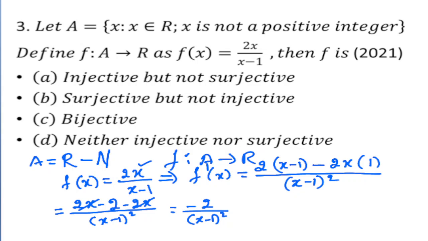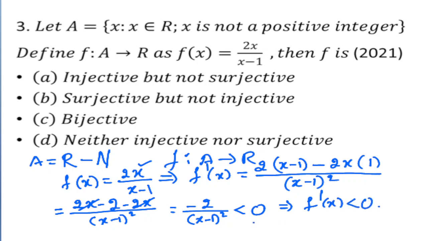For any value of x, the denominator is positive. A negative number divided by a positive number is always negative. It cannot be 0 also. So by looking at this function, what we can conclude, the value of this function is less than 0. So clearly we got here, friends, f dash of x less than 0.